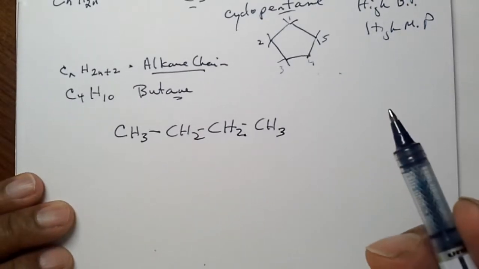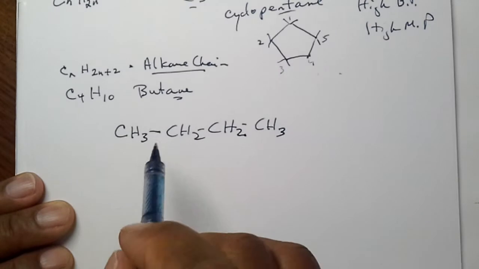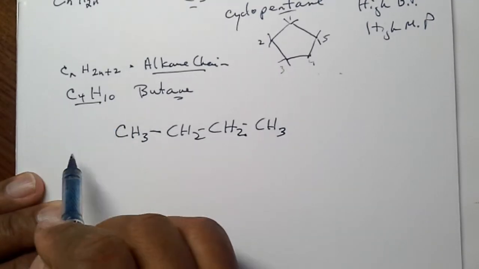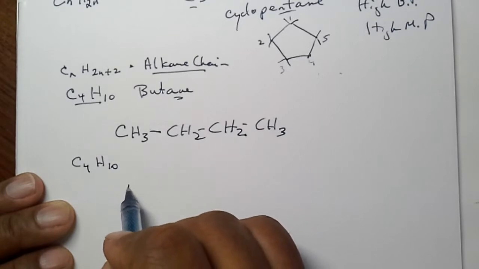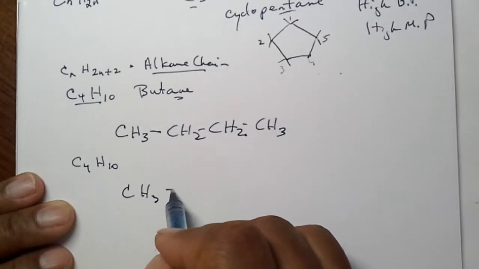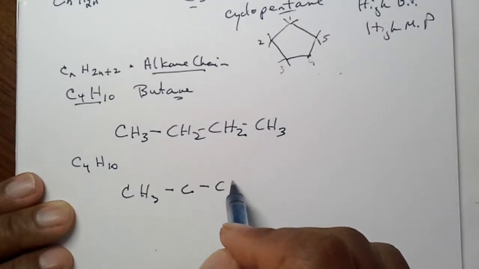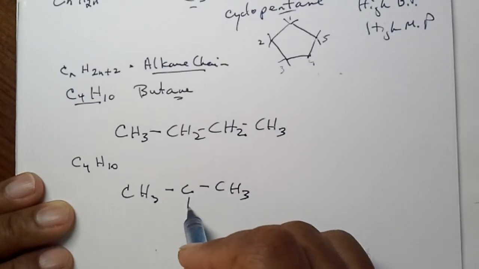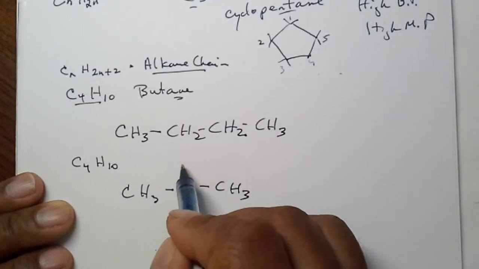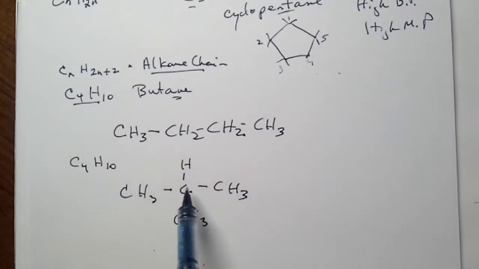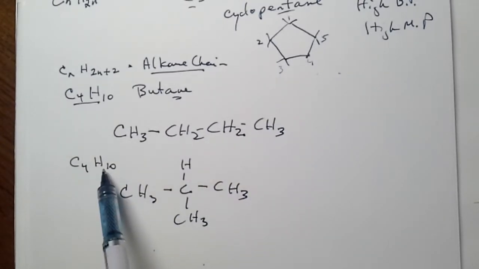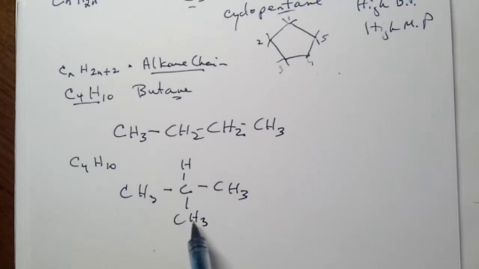However, we can also write C4H10 in this manner: CH3, C, CH3, CH3. We still have 4 carbons, 1, 2, 3, 4, and we have 10 hydrogens, 3, 6, 9, 10.